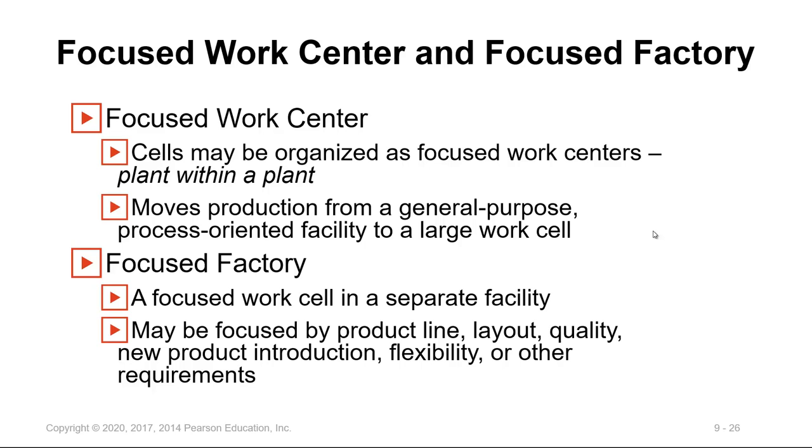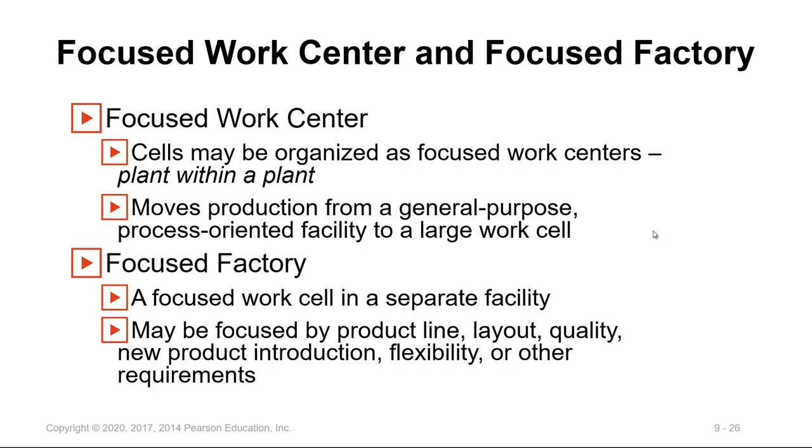It moves production from a general-purpose process-oriented facility to a large work cell. The focused factory is a focused work cell in a separate facility. It may be focused by product line, layout, quality, new product introduction, flexibility, or other equipment.